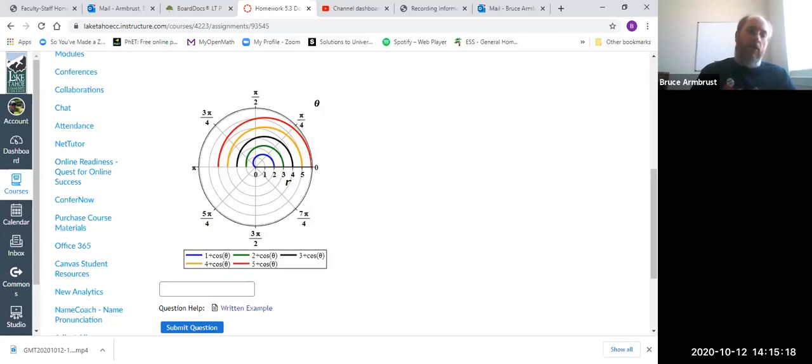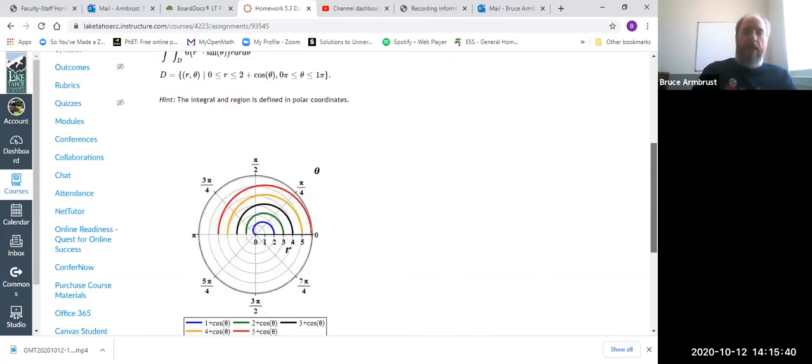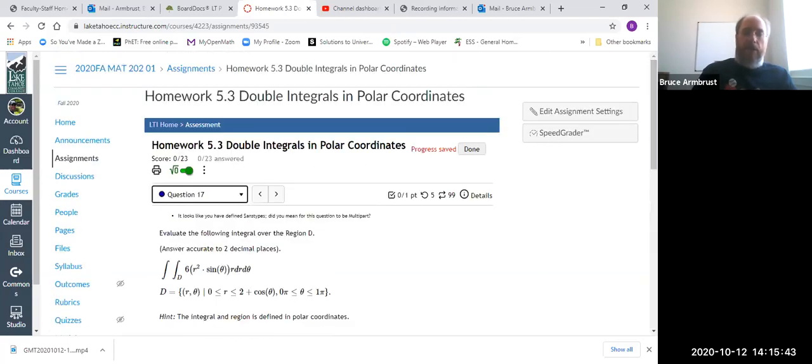So r equals 0 is just a point. It's just the origin. So integration man is going to go radially from the origin out to that green graph. So his feet are always on 0, and his head is always going to be on that curve, which is 2 plus cosine theta. And then they tell us that the thetas are going to go from 0 to pi.